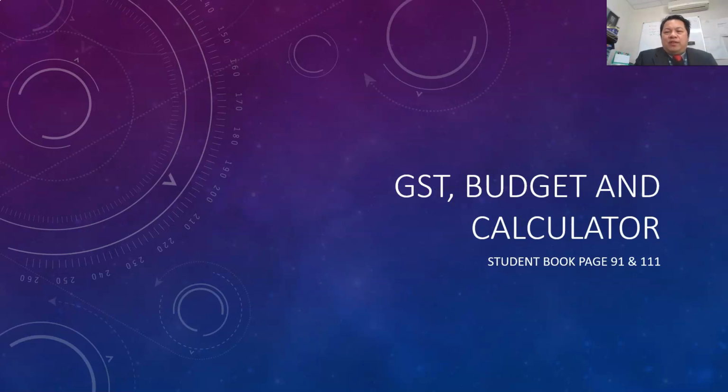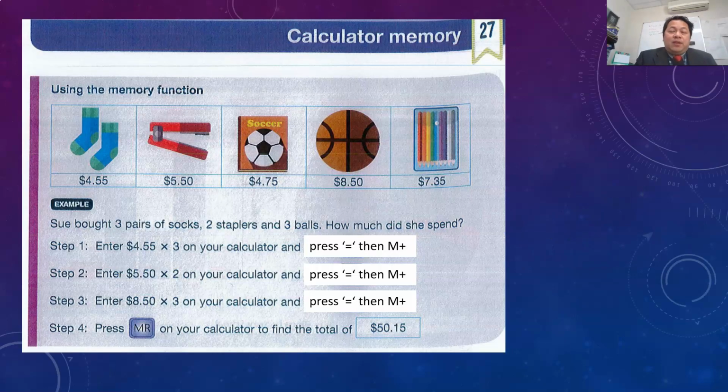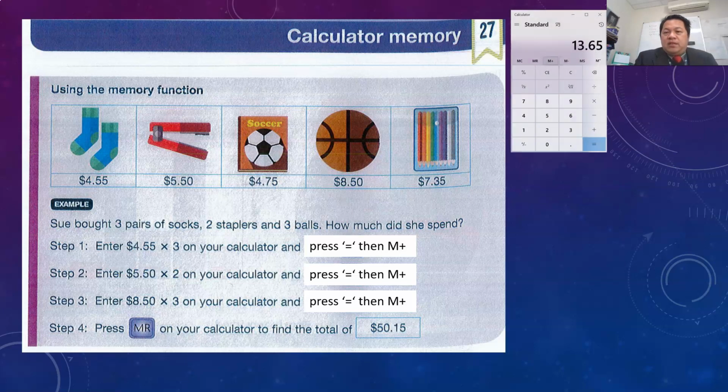Moving on to the calculator, this is interesting. I have made some amendments to the book because when I use the calculator on the computer, when I enter 455 times 3 without the equal sign, just by pressing M plus, it doesn't work.